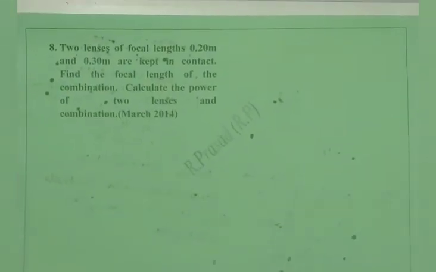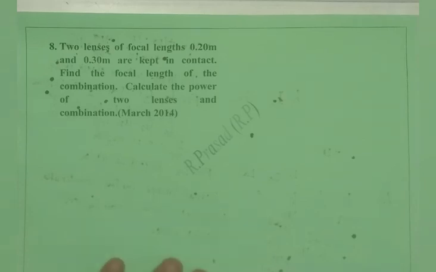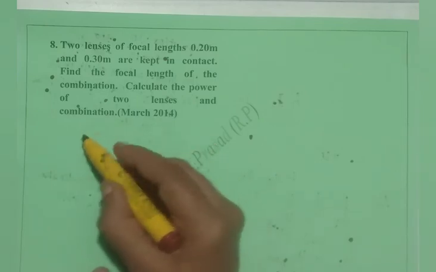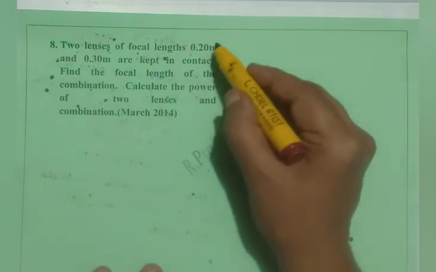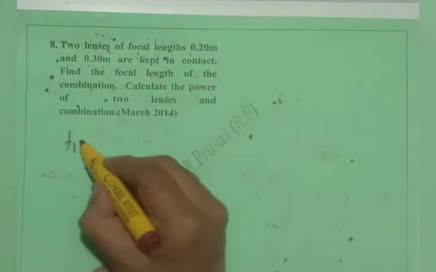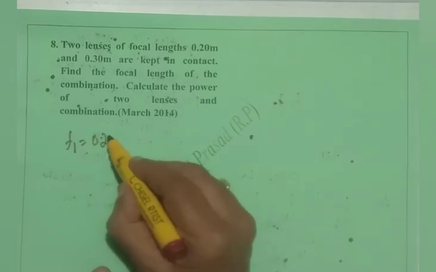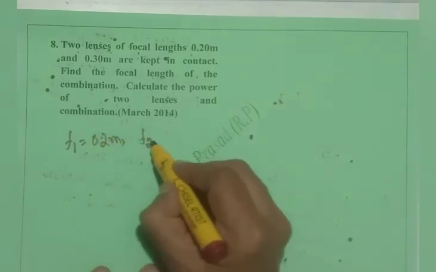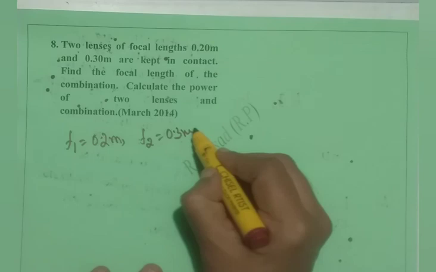8th problem, we read. Two lenses of focal length 20 centimeter and 30 centimeter are kept in contact. Find the focal length of the combination. Calculate the power of two lenses and the combination. What are the things given? We write f1 is 0.2 meter, f2 is 0.3 meter.